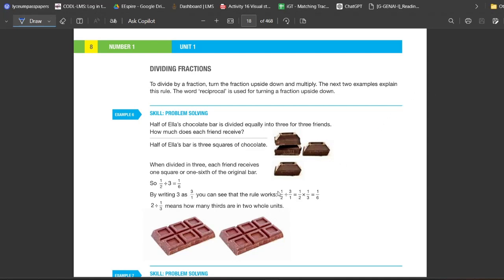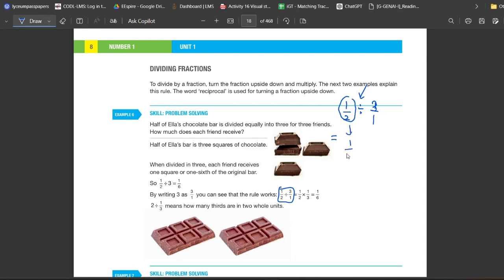Okay, let's take this example. First, 1 over 2 divided by 1 over 3. The first step: this is division, so write this without changing anything.